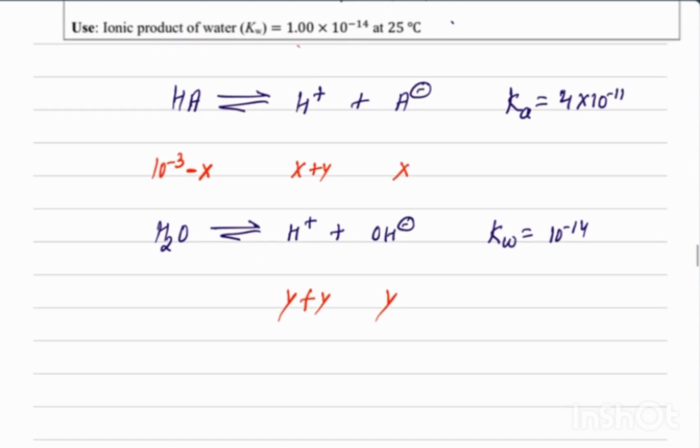Now if we write the expressions for these equilibria, Ka will be equal to the concentration of H plus into the concentration of A negative divided by the concentration of HA, and Kw is equal to H plus into OH negative.